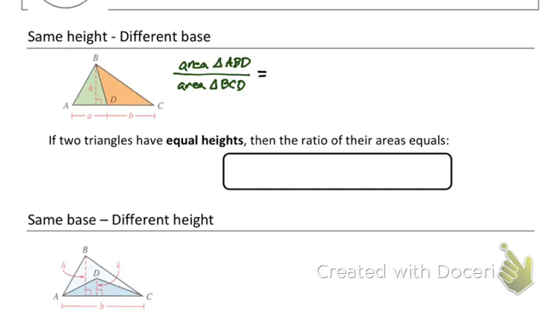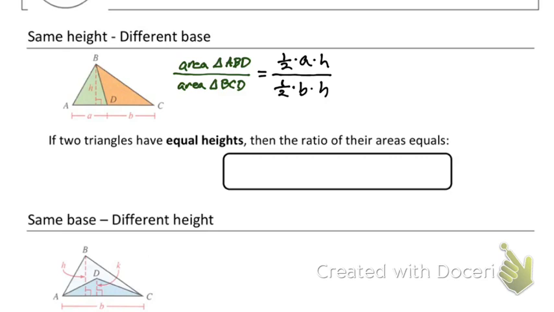Well, triangle ABD, the area is going to be half your base times your height. Remember, your height and your base create a 90-degree angle, so the base is going to be A for this one. And our height is just that H. Now for the other triangle, my base is B, so we're going to have 1/2 B times our height.